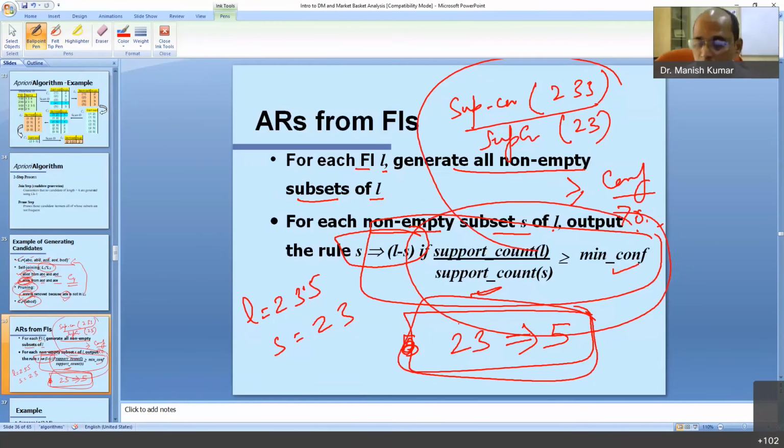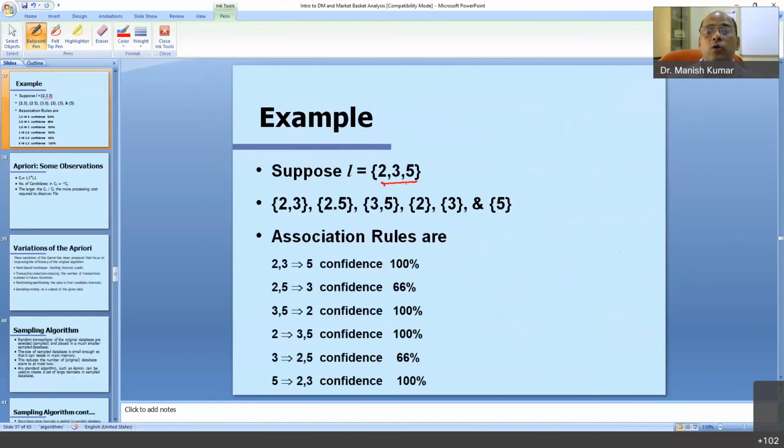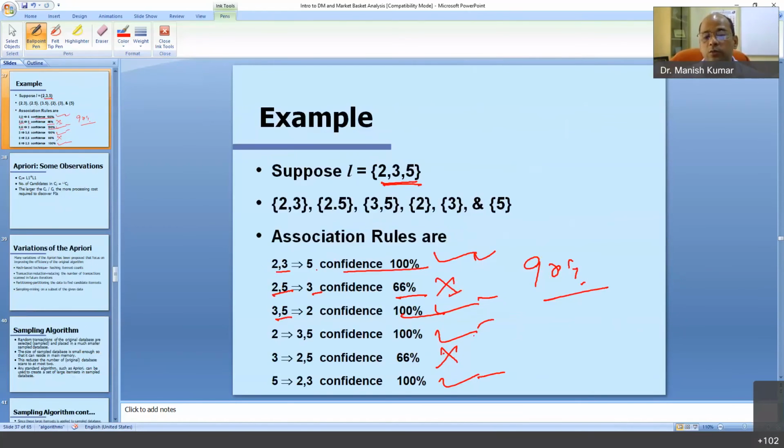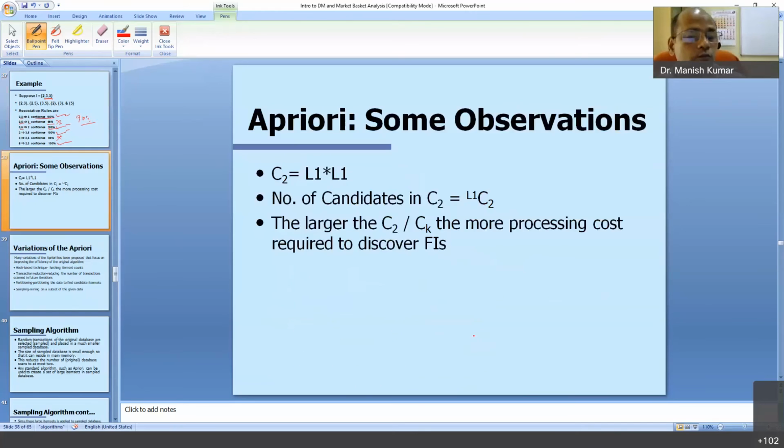For example, out of this 2, 3, 5, 3, 5 gives 2 with a confidence of 100%, and 2, 5 gives 3 with 66%. Suppose you fix 90% confidence for acceptance, then this one needs to be accepted, whereas this one needs to be rejected. So these patterns are interesting, whereas these two patterns are not interesting for us. This is how you can generate the association rules out of the transactional data.